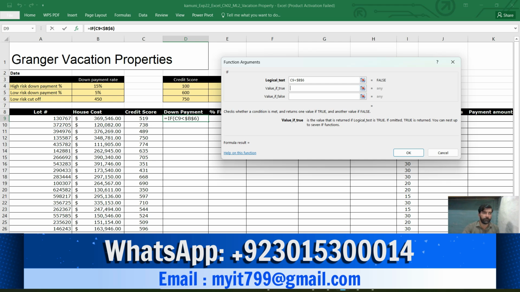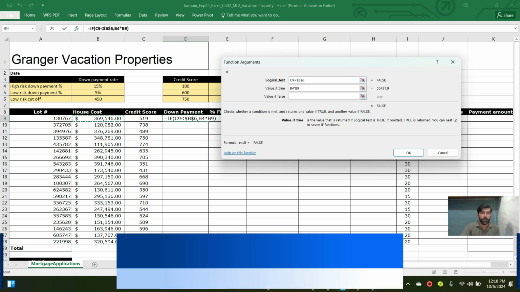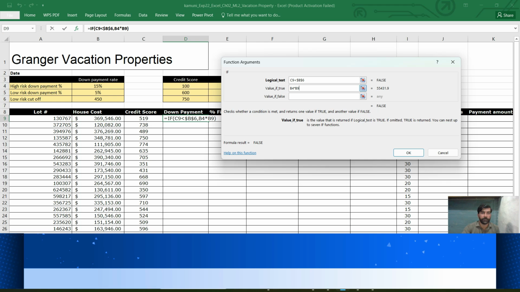So this should be multiplied with the purchase price. This is the house cost, meaning purchase price, and place here the reference.